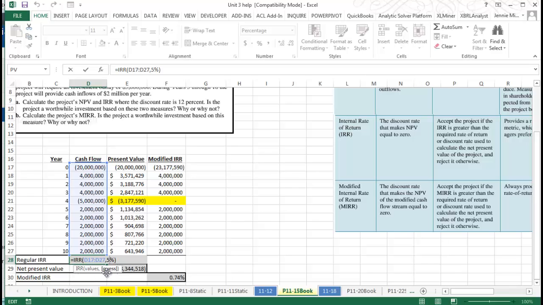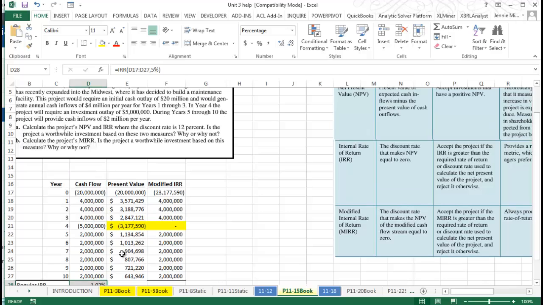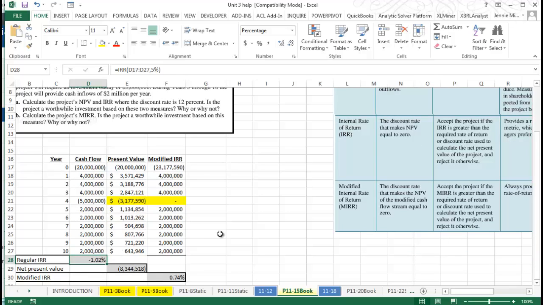So I've got my values and my guess in there. Even before I get started, if I had done this for a company, I'd be saying, I don't think we want to do this project. That is not a good internal rate of return. It's negative.